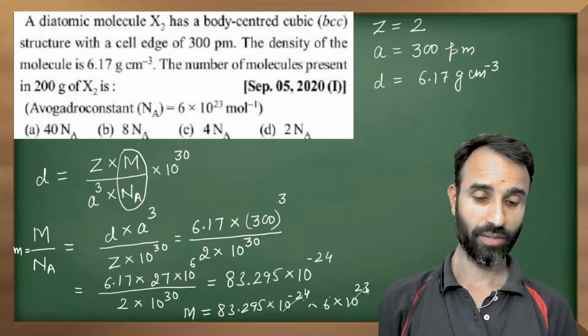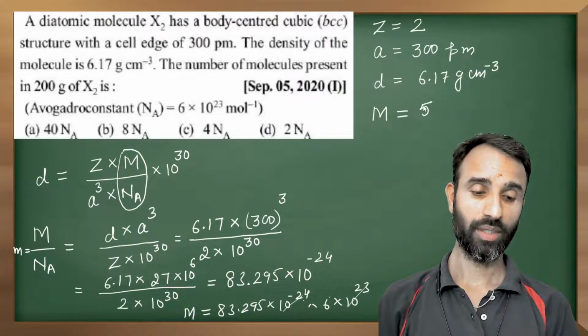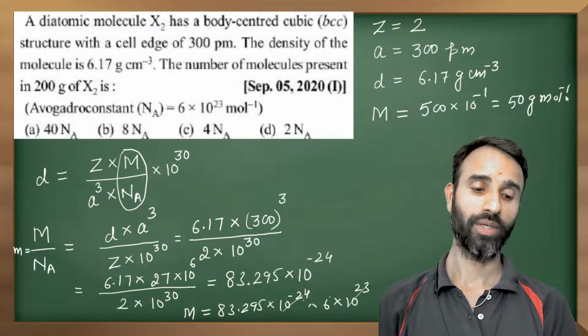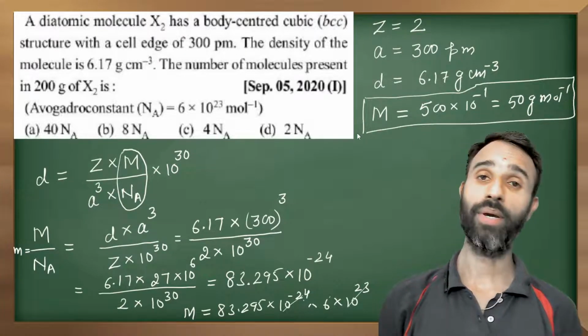That means the value of molar mass is 500 into 10 raised to power minus 1, that means 50 gram per mole. So molar mass comes out to be 50 gram per mole.